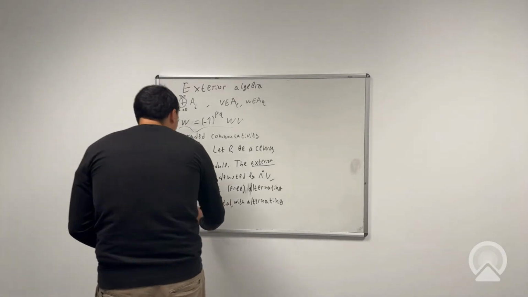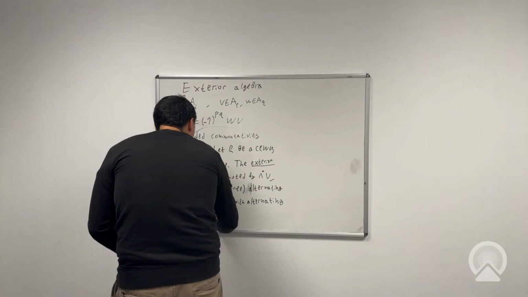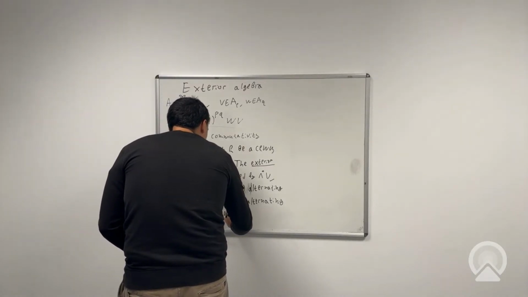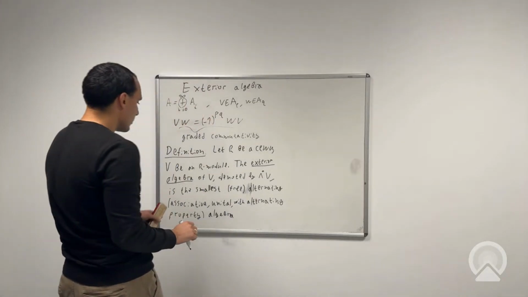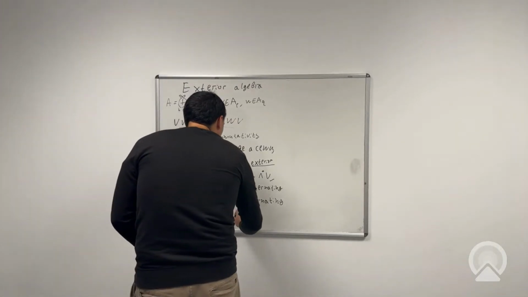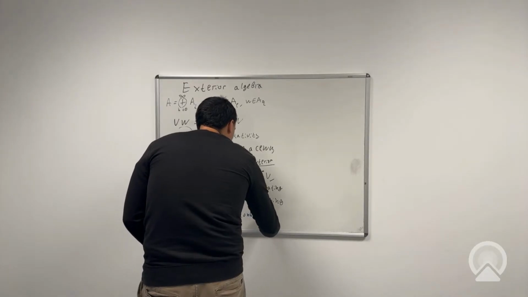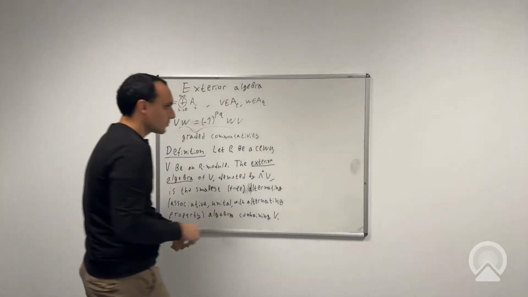This algebra containing, so this is the smallest alternating algebra, graded algebra containing the original space V. Okay.